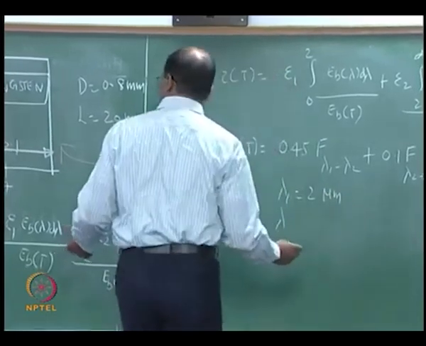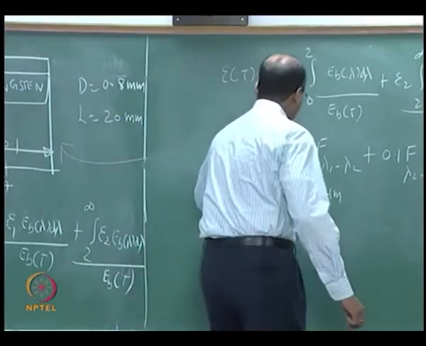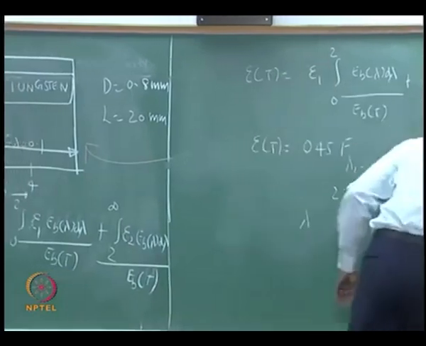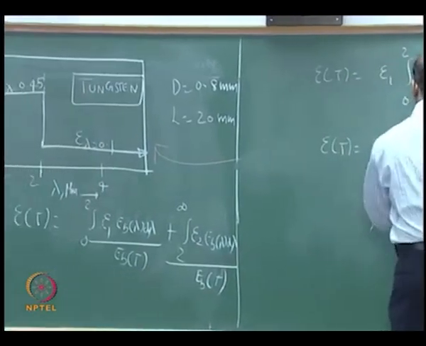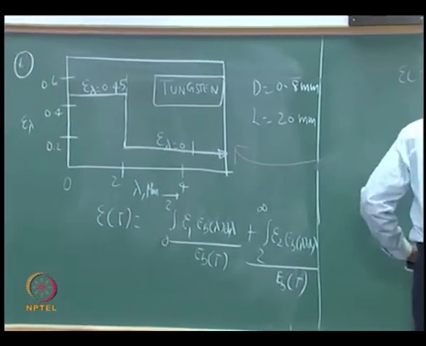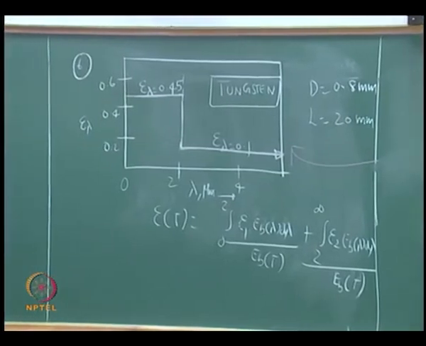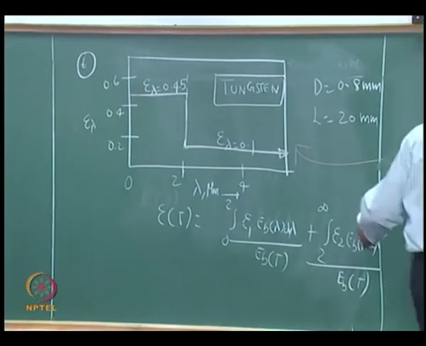That's all, huh? No. No. So it's just 0 to lambda 1, right? There is only one thing, right?